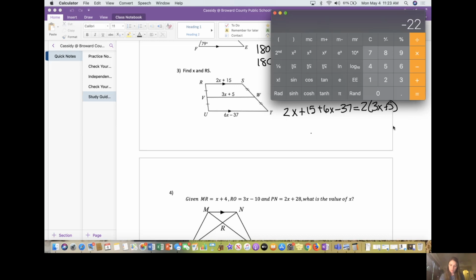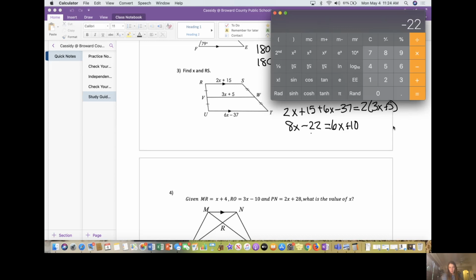So that's negative 22. And then for the other part, we're just going to distribute that too. 2 times 3x is 6x, and 2 times 5 is 10. So plus 10.